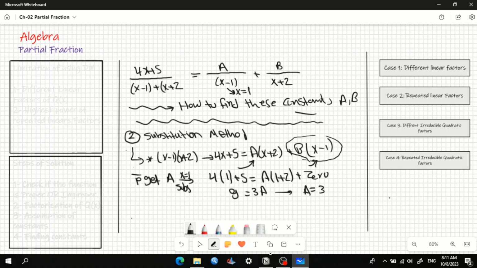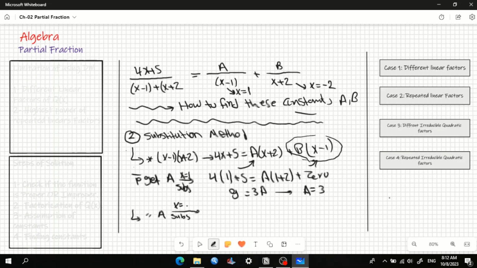The same for b. To get b, we will substitute by the zero of this denominator, here x equal to negative 2.